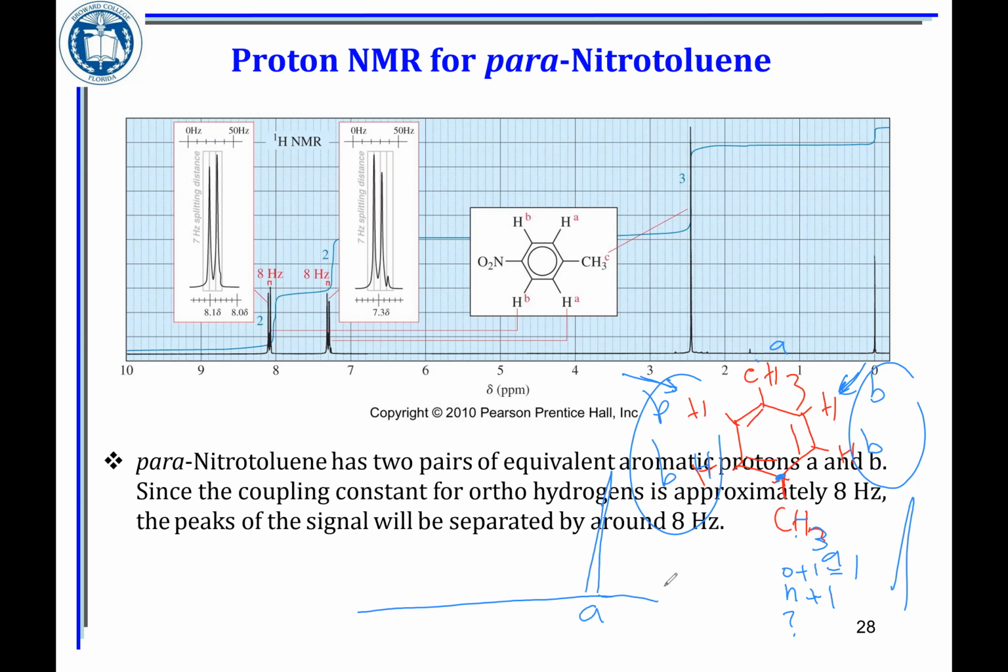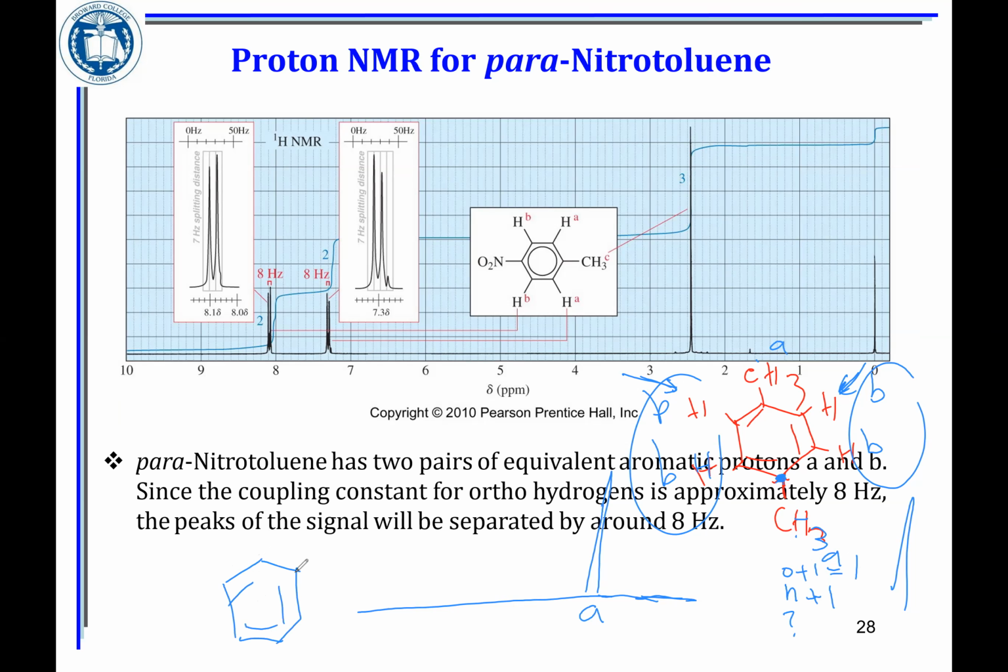Do you remember the location for hydrogen A? What is the approximate location for hydrogen A based on the table? Why is it not 2 hydrogen? Because there is no hydrogen on this carbon. Is 0 hydrogen on the carbon, and 0 plus 1 is going to be 1. If you look at the benzene ring, this is a very common mistake.